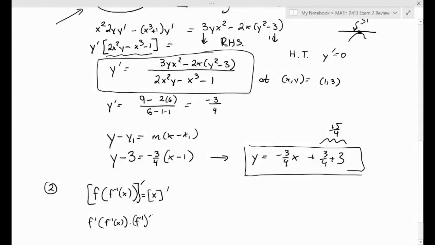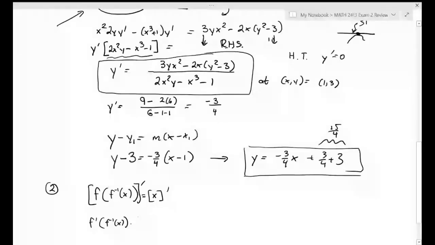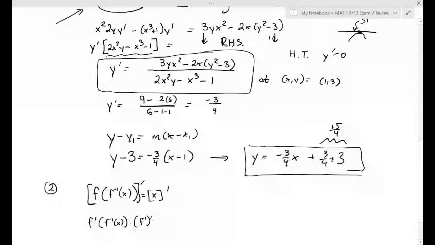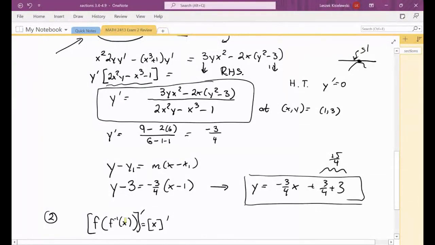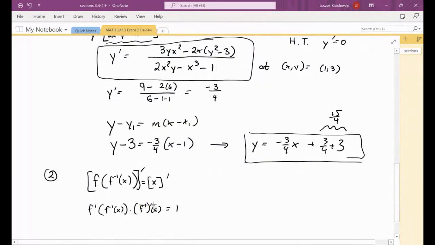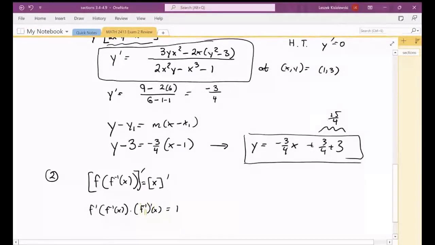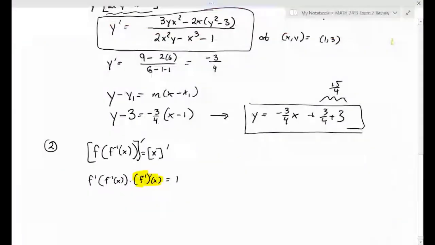So you have f inverse prime at x. On the other side, the derivative of x with respect to x is 1. Then we solve for this little thing. We want to isolate it on one side, so we just divide it over.